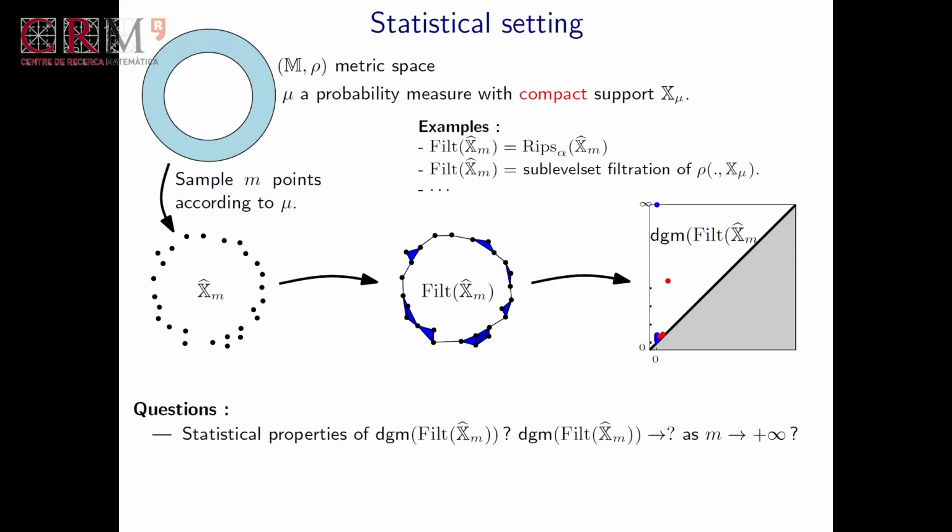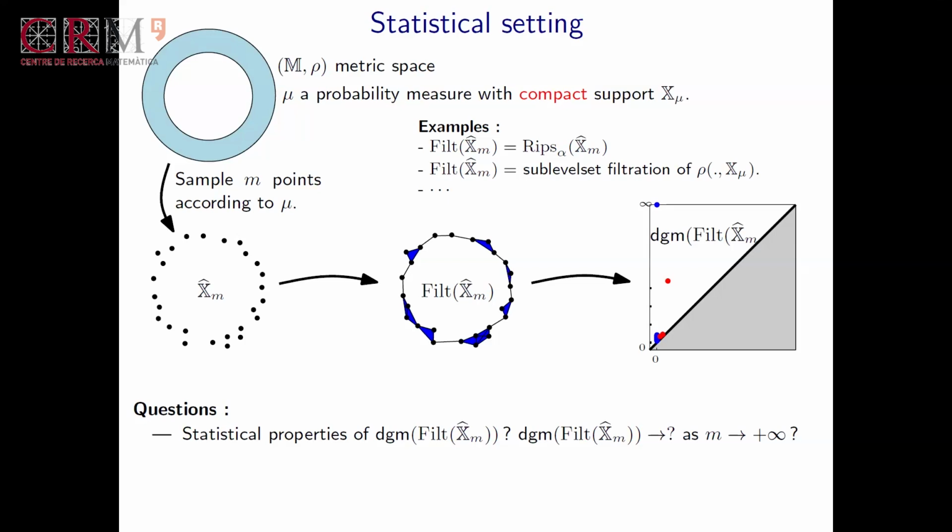Now we are going to assume that our dataset is not a given dataset, but a random dataset. To provide a framework, we assume that we have some metric space, M, with some distance rho on it. On this space, we have a probability measure, mu. The only condition we put on mu for the moment is that its support is compact.